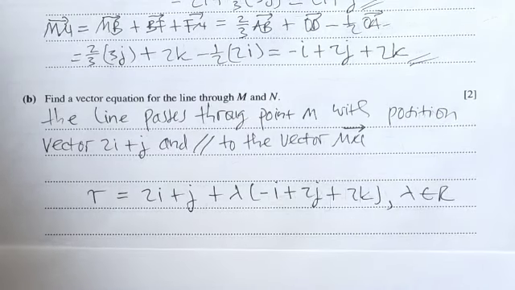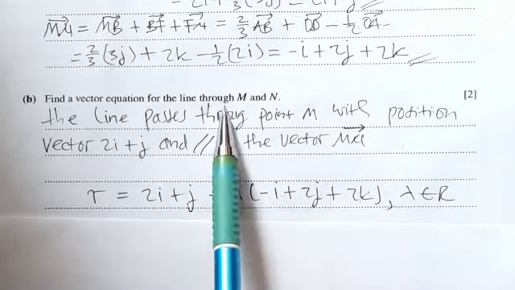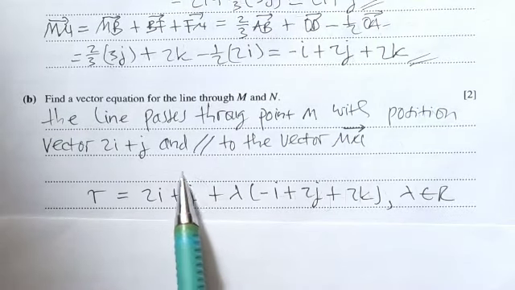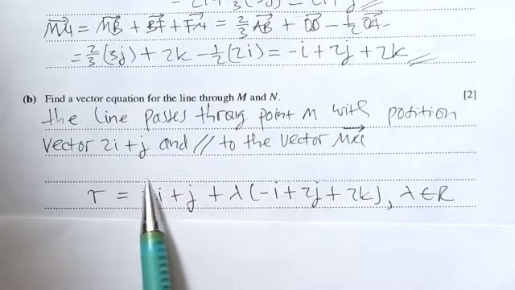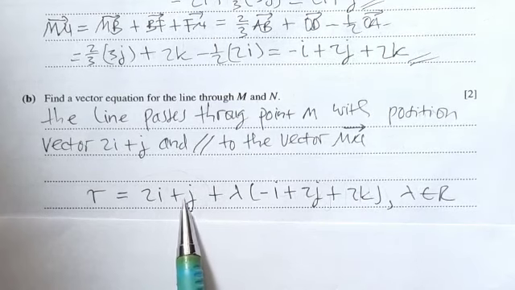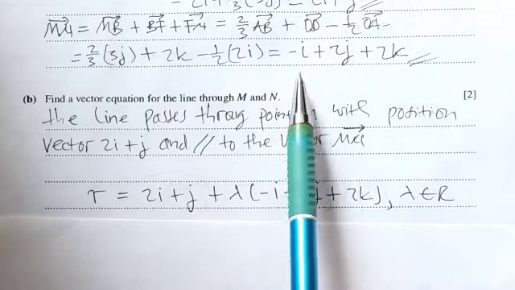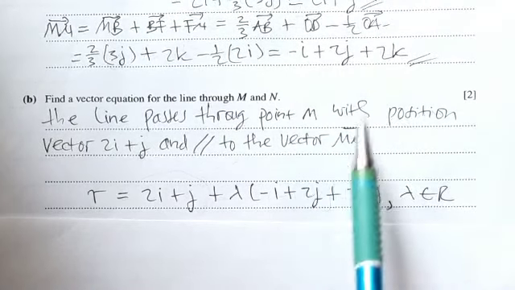So the vector equation for the line through M and N is the line passing through a fixed point M, whose position vector is 2i plus j, and the direction vector of MN, that is minus i plus 2j plus 2k.